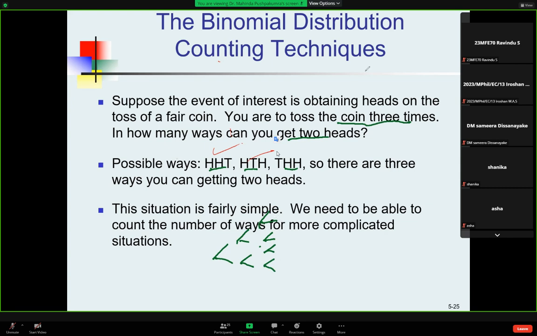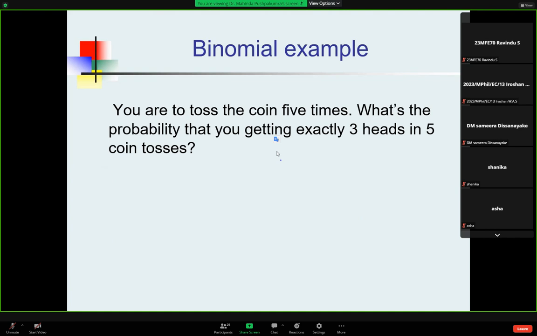But if I ask, let's say you toss a coin 10 times, the situation may be a little complicated. If you toss a coin 5 times, what's the probability that you get exactly 3 heads in 5 tosses?